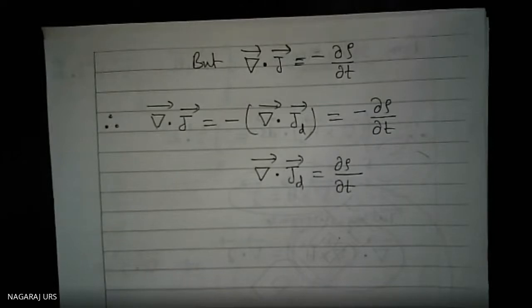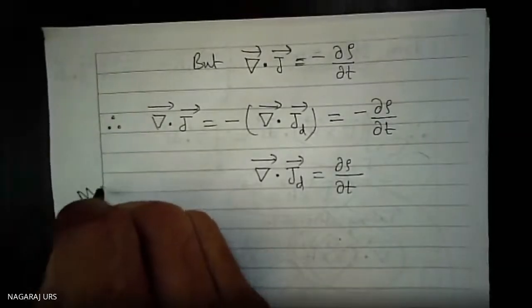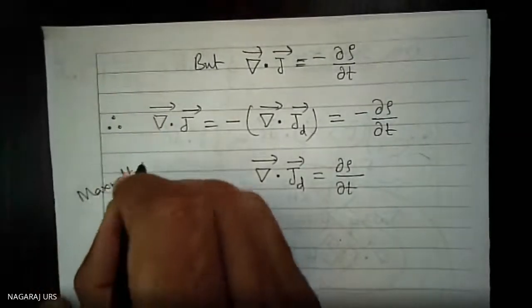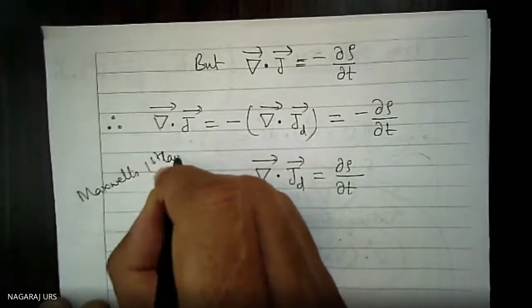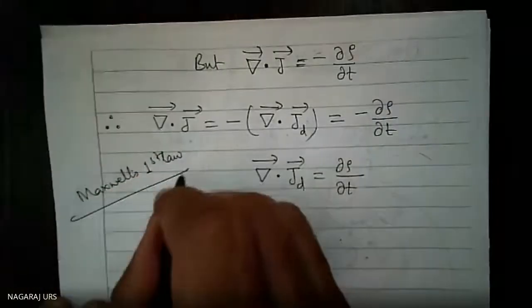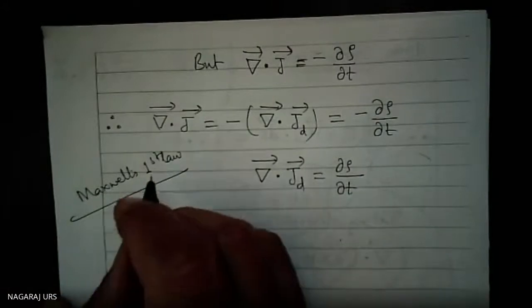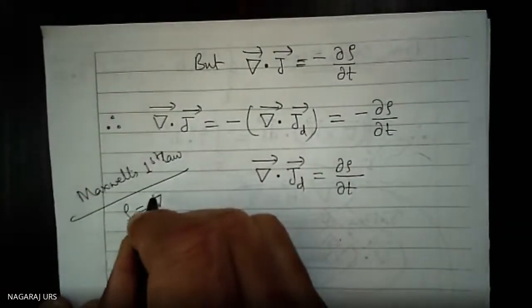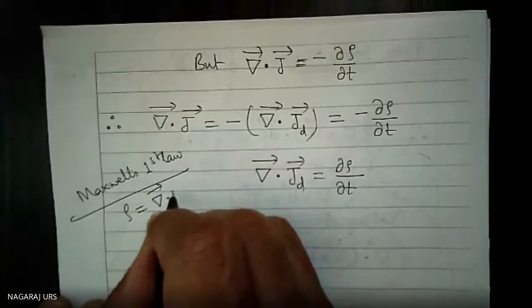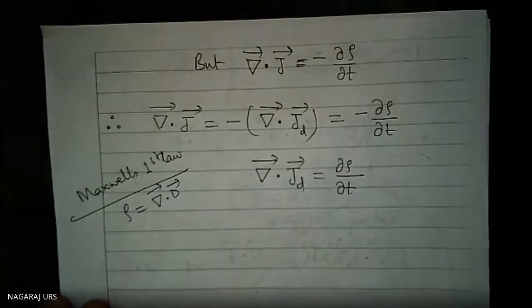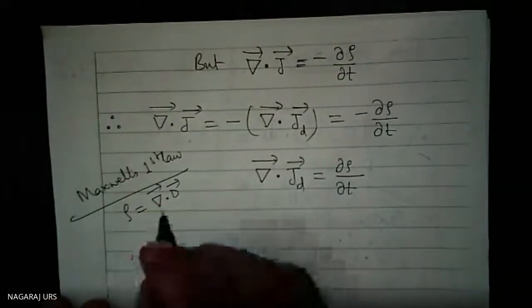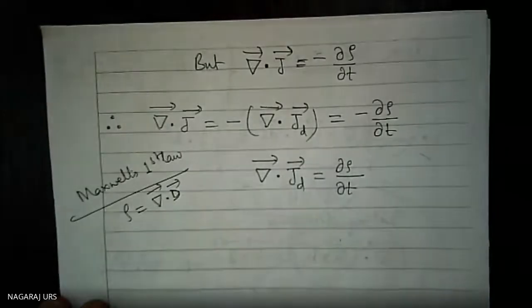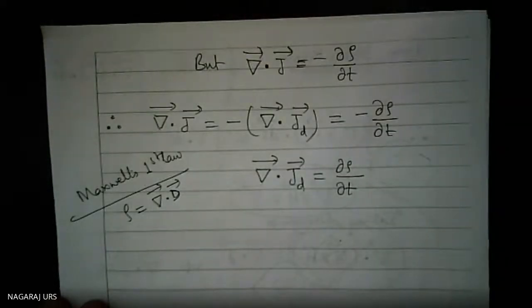Use Maxwell's first law. Already you know that. According to Maxwell's first law, rho is equal to del dot D. Del dot D is equal to rho.